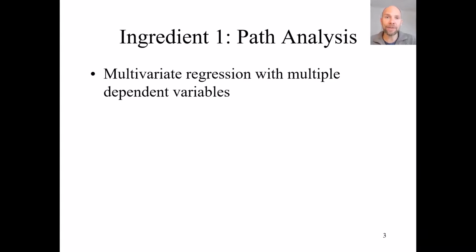So how does this work? The first ingredient to structural equation modeling is path analysis. Now, path analysis can be thought of as a type of multivariate regression model in which you have multiple dependent variables. In multiple regression analysis, we have one dependent variable, we have multiple independent variables or predictor variables. In path analysis, we can simultaneously have multiple dependent variables and multiple independent variables.